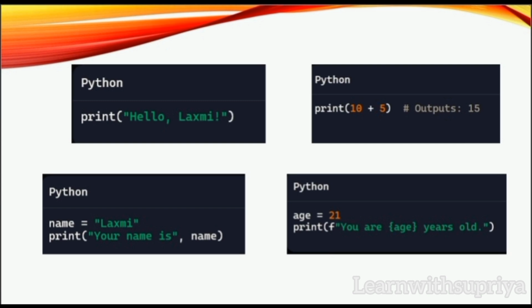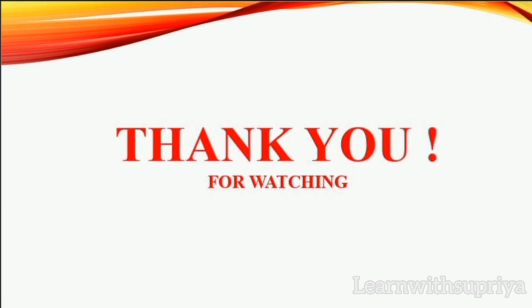Here the age is given as 21 already in the code. If you want to take input from users, and we already know how to take input from users, you can write a variable a = input("Enter your age").